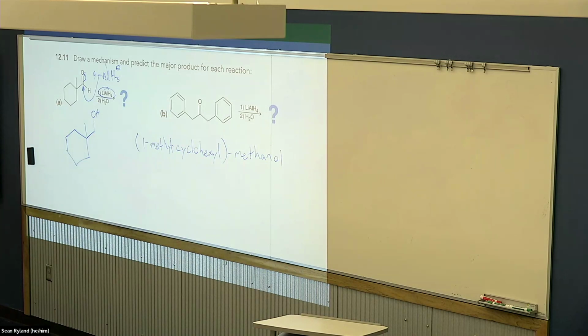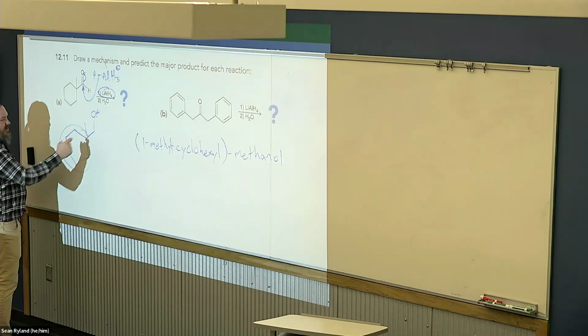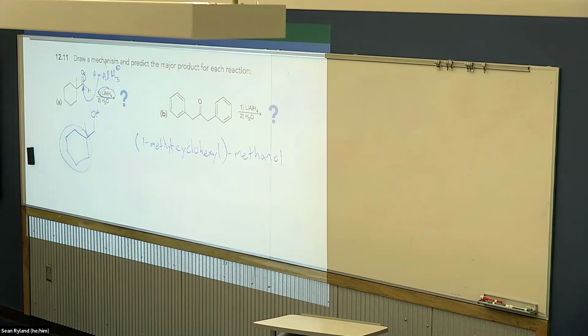This is where there are competing nomenclature systems to some extent, because you can name it as a cyclohexane with a methyl group and a hydroxymethyl group, since you can name an alcohol with a prefix. We don't typically do that if the alcohol is the most important functional group. But if we had a ketone, then cyclohexanone is the most important part, and we would name it as a cyclohexanone with a methyl and a hydroxymethyl.